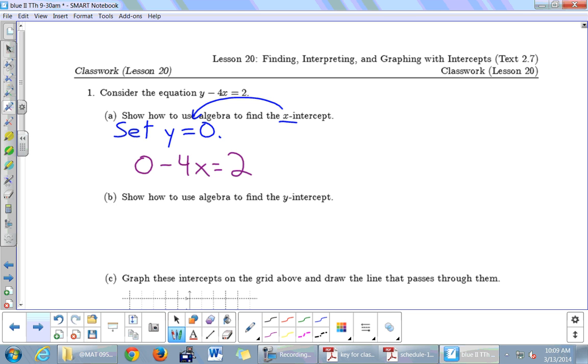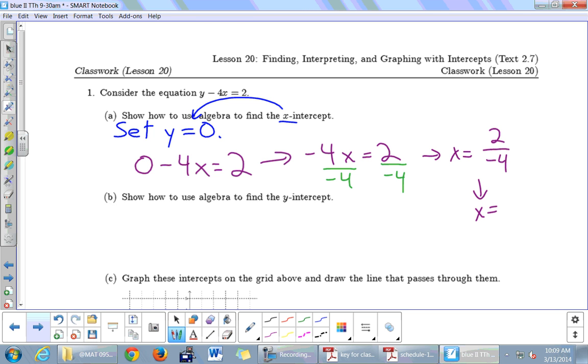Go ahead and take a moment to solve that equation. Solve for x. What do we get?